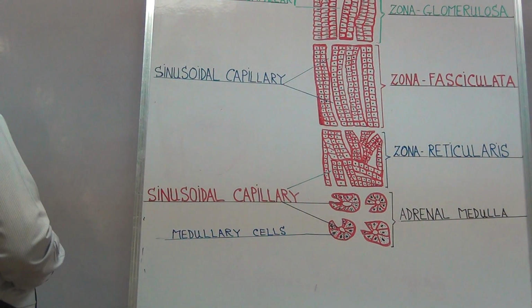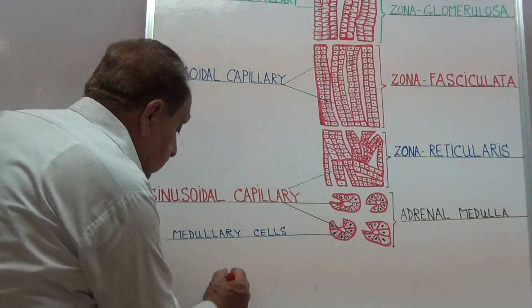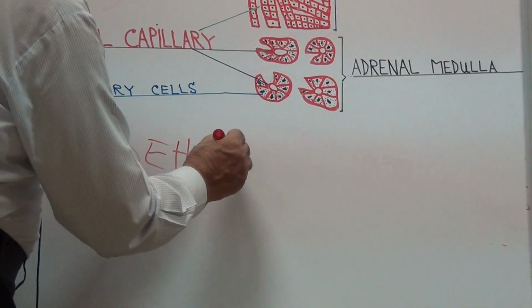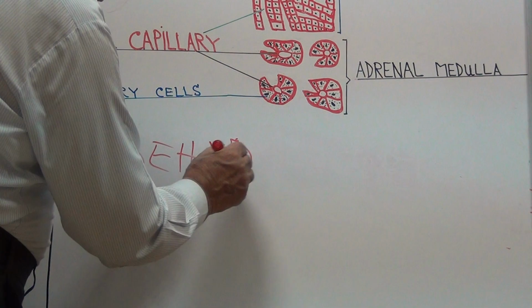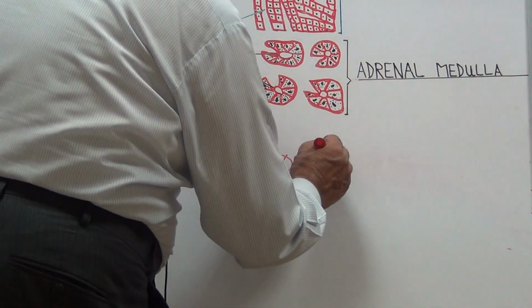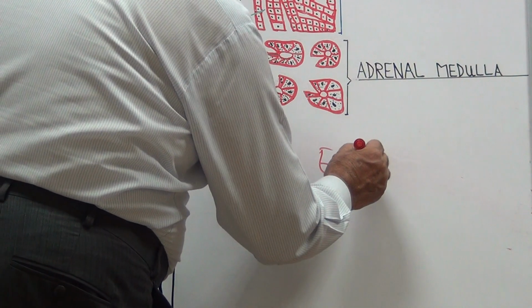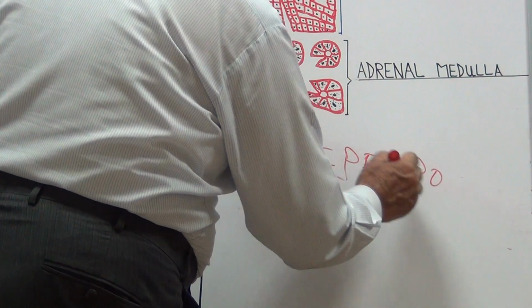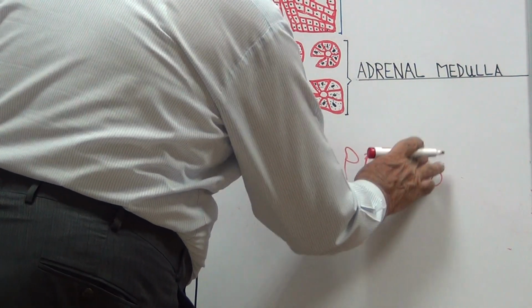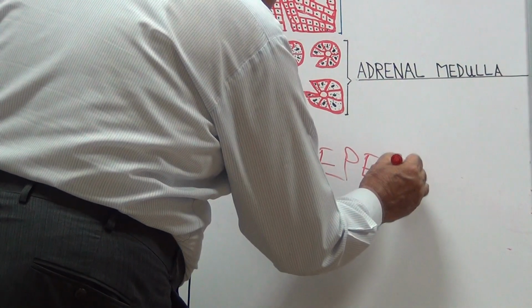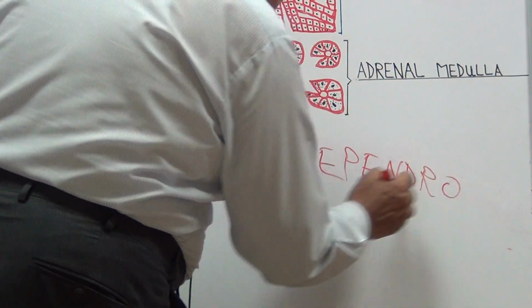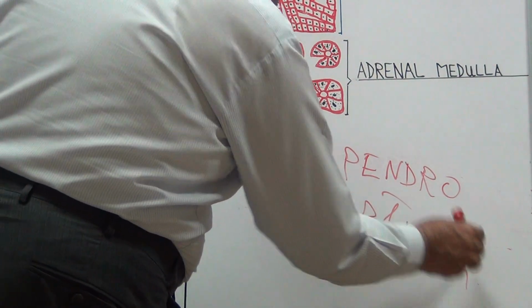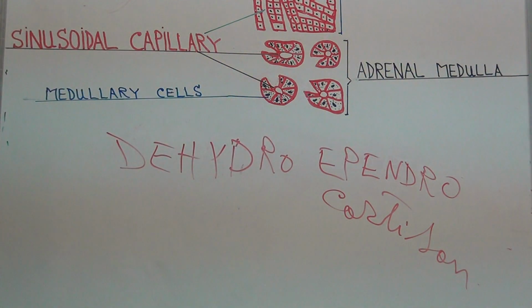These weak androgens are dehydroepiandrosterone.